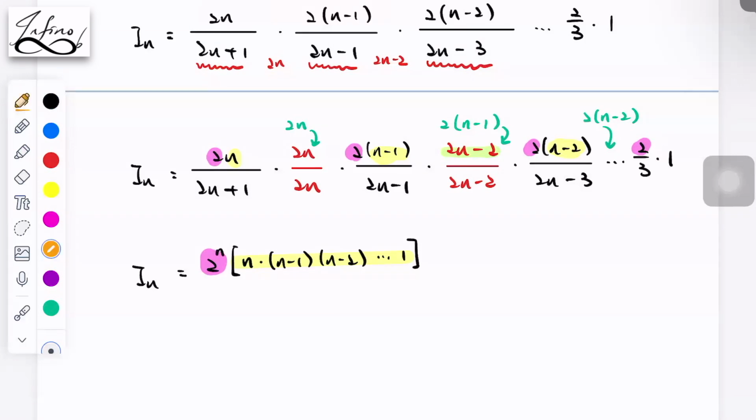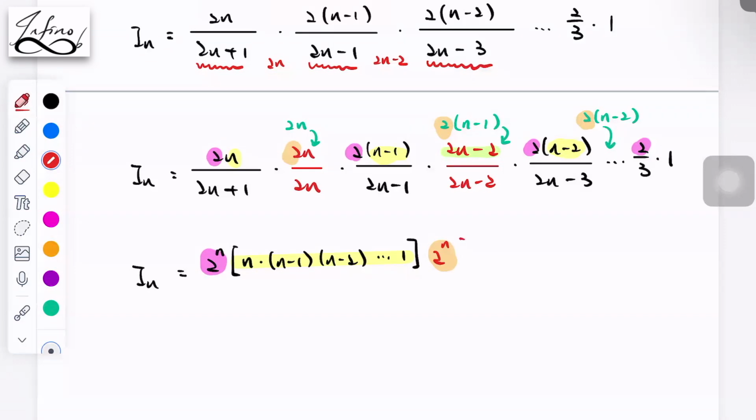Then if I use orange to indicate the red 2, the 2 taken off should be this one, and then the next one should be 2. Then how many terms? Starting from n up to 1, so that means n terms again. So maybe I use red, 2 to the power of n.